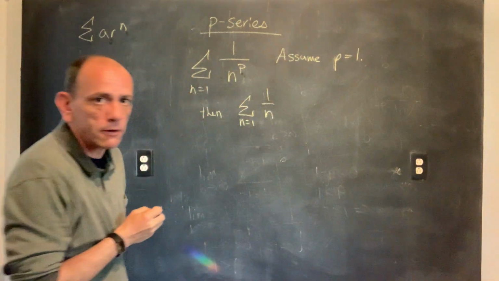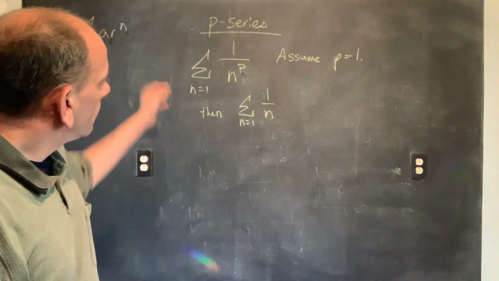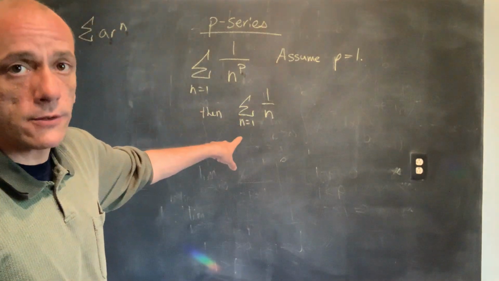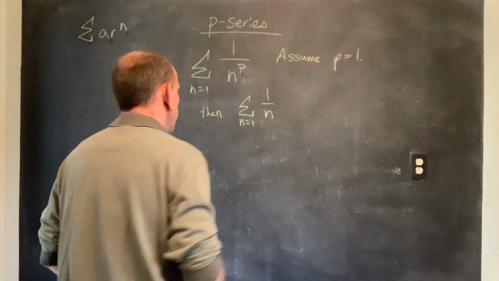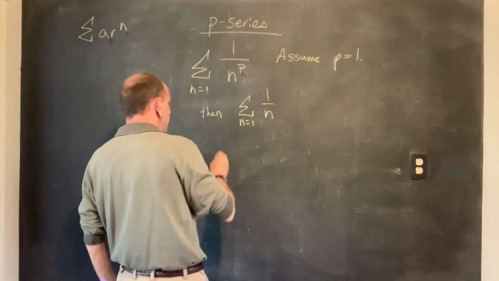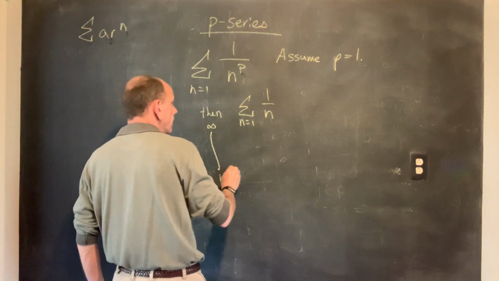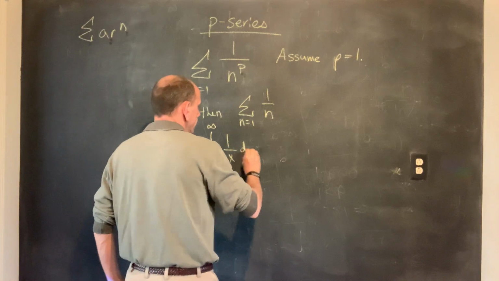This is the harmonic series. This is our key example. The limit of those terms is 0, but let's see. So we've got this series, and we're looking at the integral from 1 to infinity of 1 over x dx.